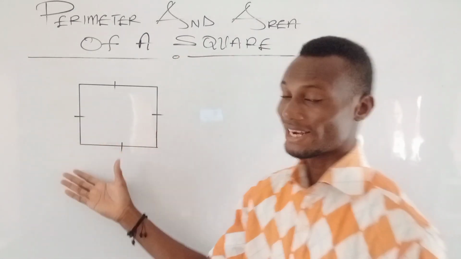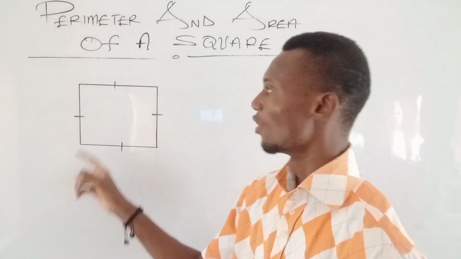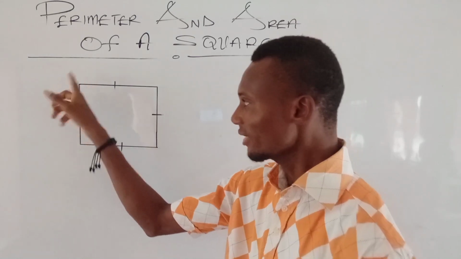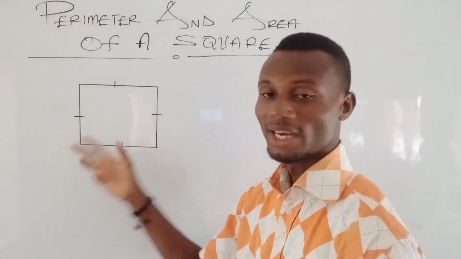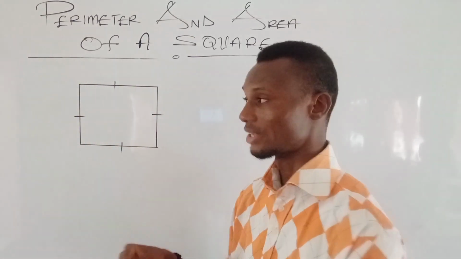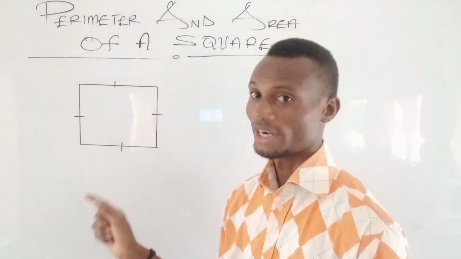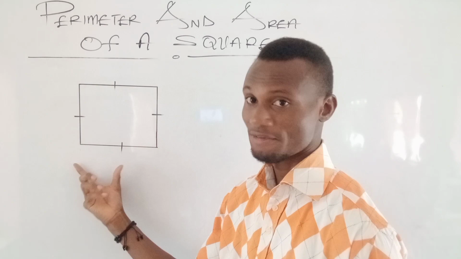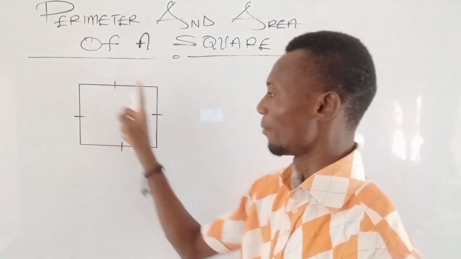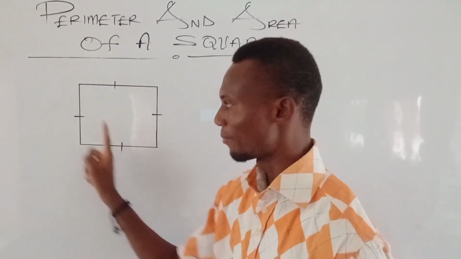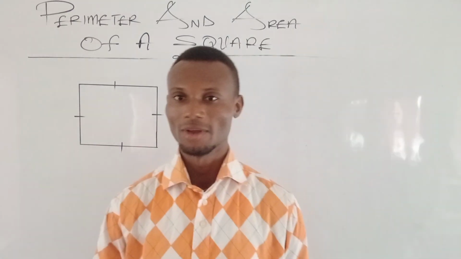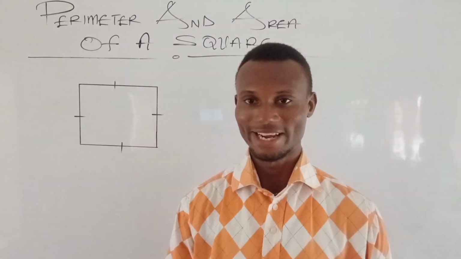With this diagram, which is this square, the perimeter is the distance around it. If I'm to find the perimeter of this square, it's going to be this side plus this side plus this side plus this side. That's how you will get the perimeter. I hope the explanation is clear enough.